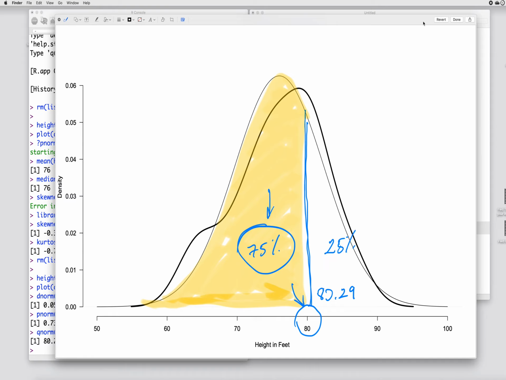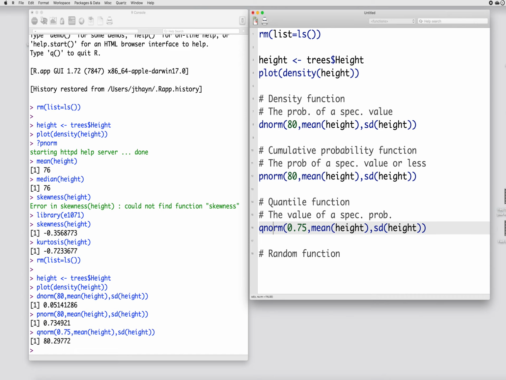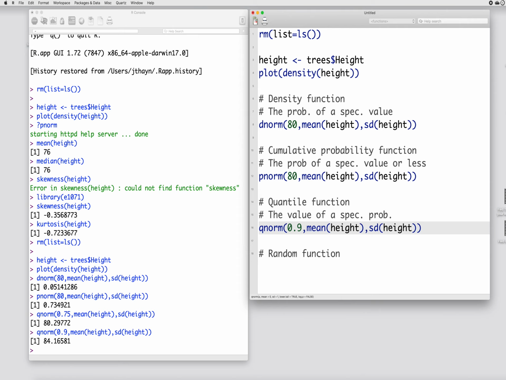So we use this to ask ourselves, what grade do I have to get to be in the top 10% of my class? You would put in 90, and we would say, to be in the top 10% of trees, you have to be 84 feet tall or taller.